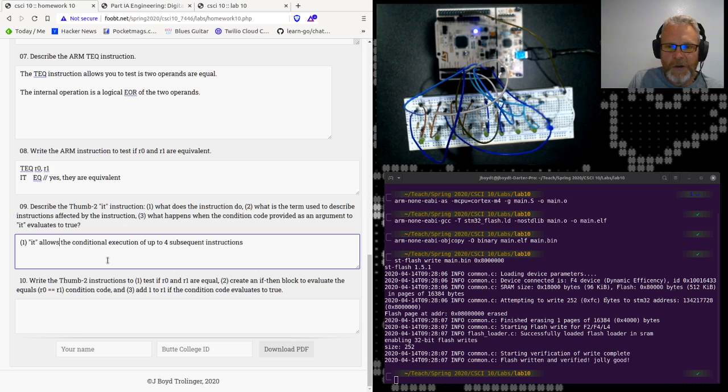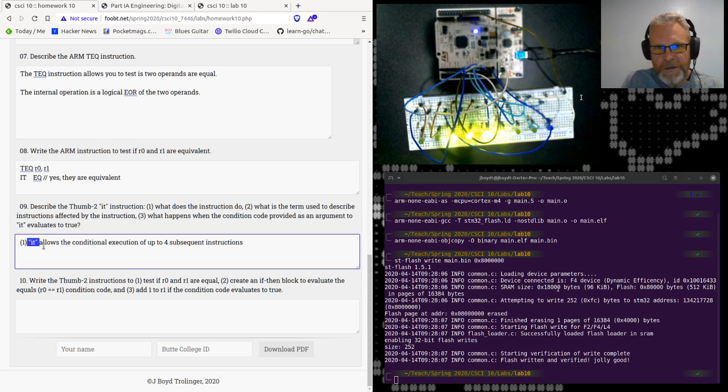So in today's code, we used it to execute up to 2 with an ITE, but you'll see in time that you can actually do ITTT, like if do 3 things, and you can also do like ITTE, if do 2 things, and then an else part. You'll see all these constructs, but in Thumb 2, the way you set up to do sort of if, then, else in assembly is with this IT instruction.